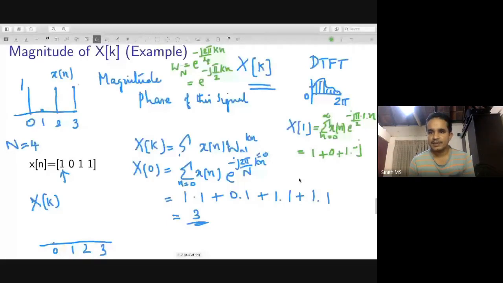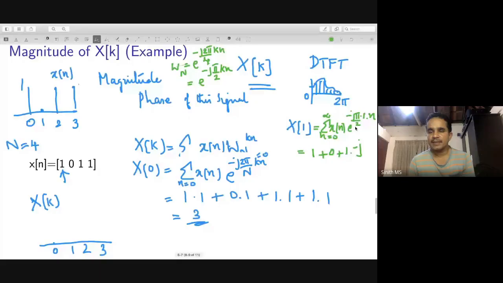Cos pi by 2 is 0, and minus j sine pi by 2, sine pi by 2 is 1, so that becomes minus j. Am I right? If I do anything wrong, please tell. Plus the next sample, x[3], that is 1 into, n becomes 3.